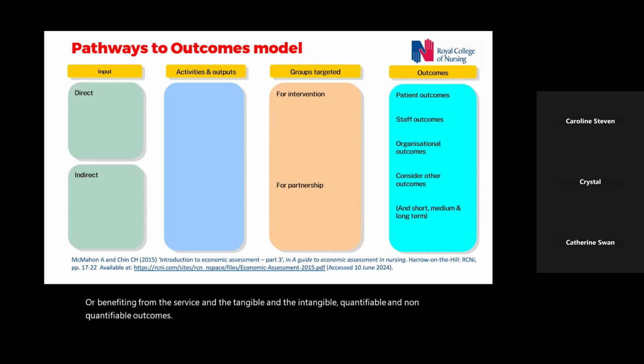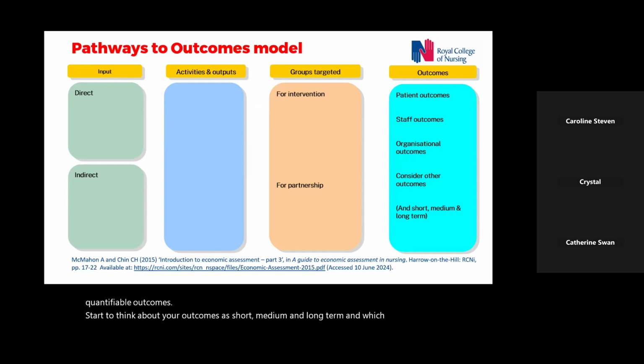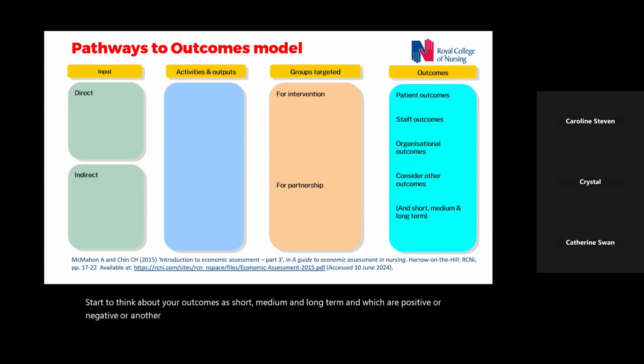Think about your outcomes as short, medium and long term, and which are positive or negative, or another way to say that might be which outcomes are intended or unintended.